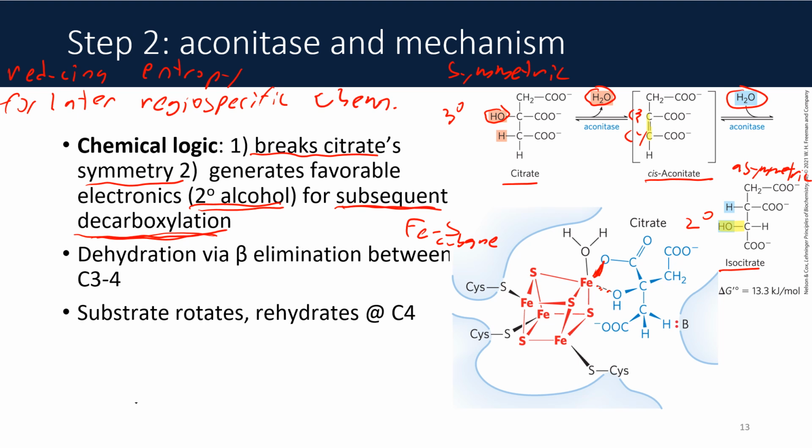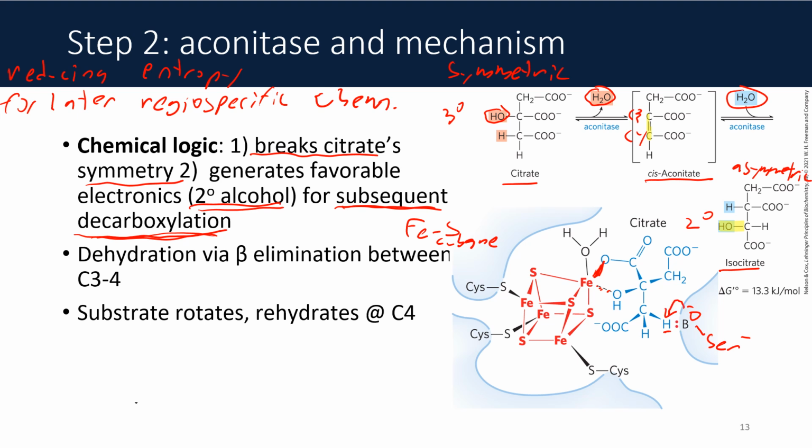And once the substrate is in place, a basic residue B, usually it's a deprotonated serine, will attack this specific hydrogen atom on C4. So we'll call this Cr-, which will feature a negatively charged alkoxide, and it's going to attack like so.